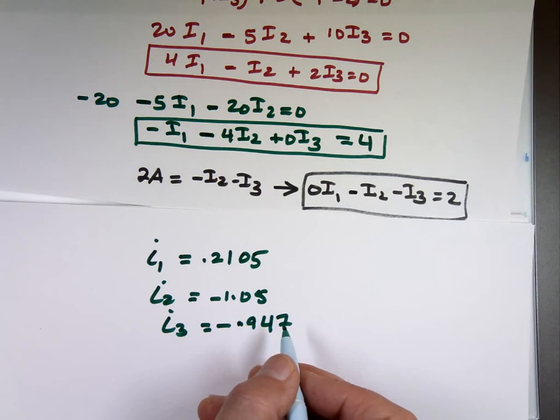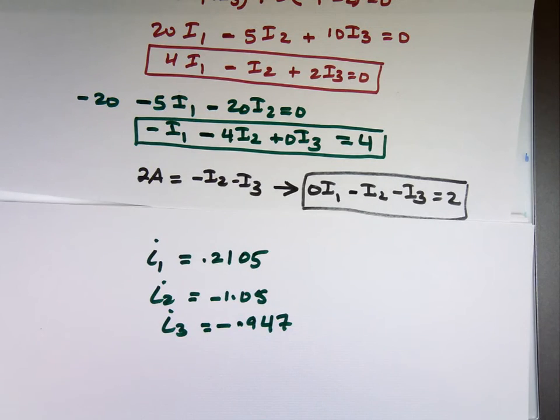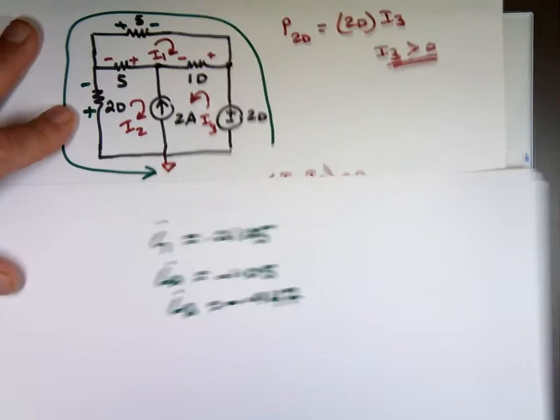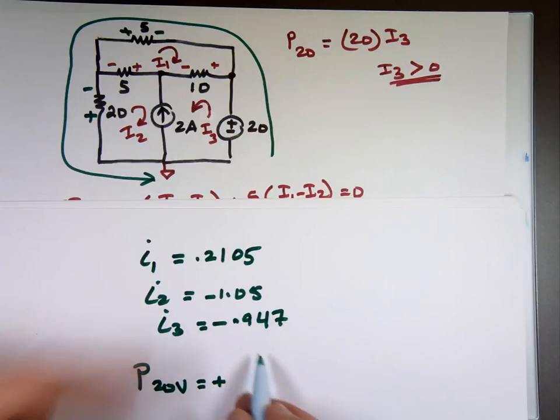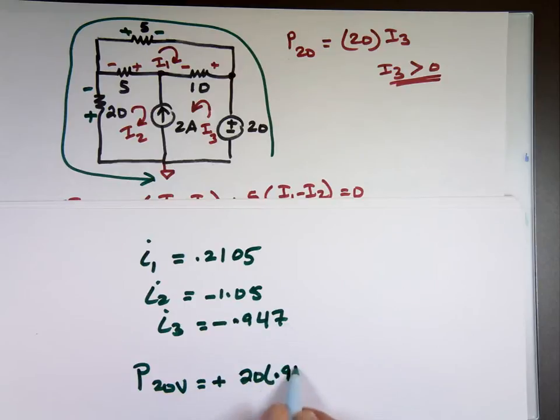That means I sub 3 is coming down according to my picture. It should be, instead of supplying, absorbing power. So the power for the 20 volt source should be positive, which is, according to my picture, 20 times 0.947.